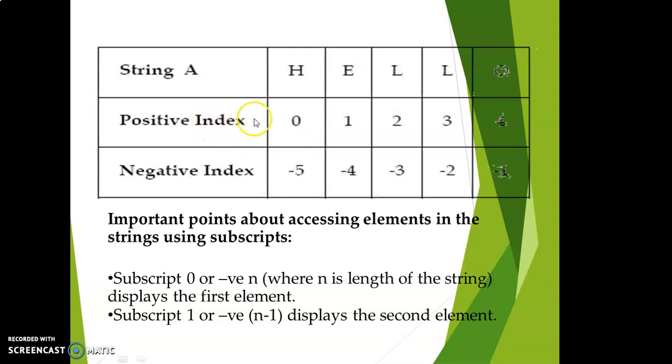So this is called the positive index, left to right, beginning with 0. And the negative index will be from the last character: -1, -2, -3, -4, right to left. This is the first character of hello, H.